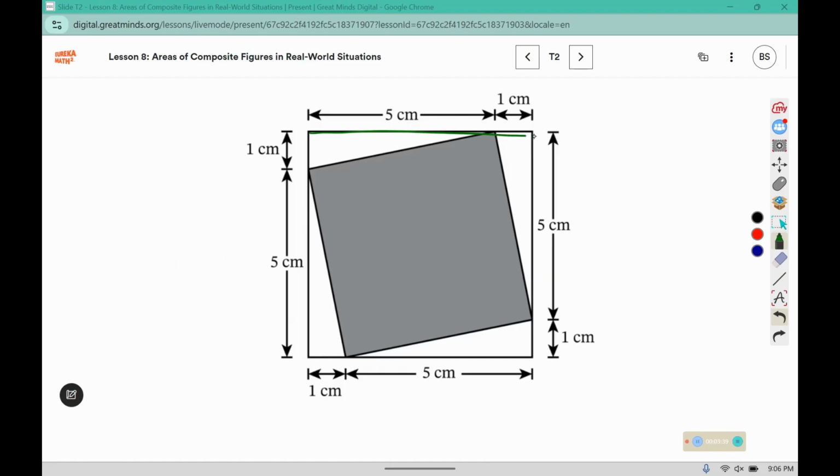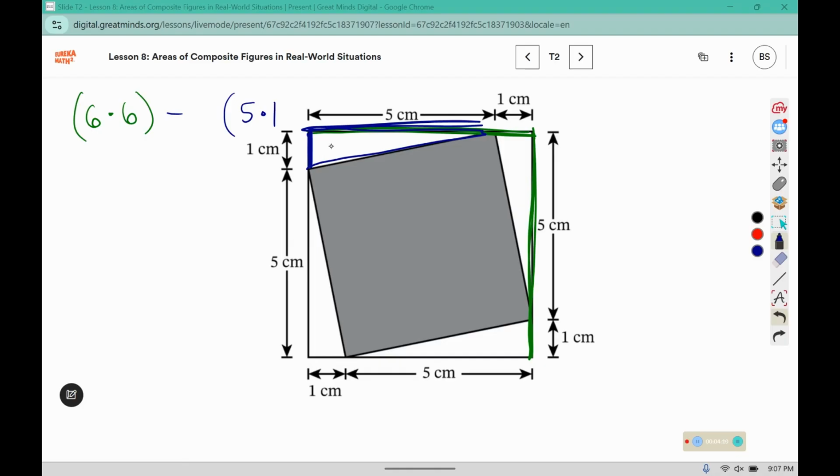Here, the base is 6 because it's a 5 and a 1 combined. And the height of this outer section is also 6 from the 5 and the 1. That's the outer rectangle. The triangles that we don't want have a base of 5 and a height of 1.